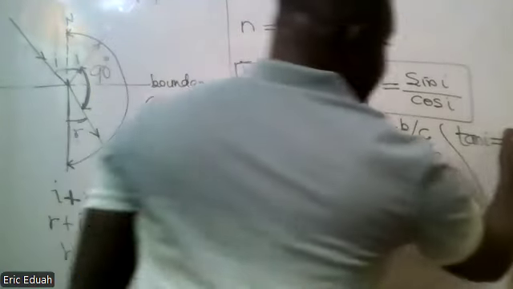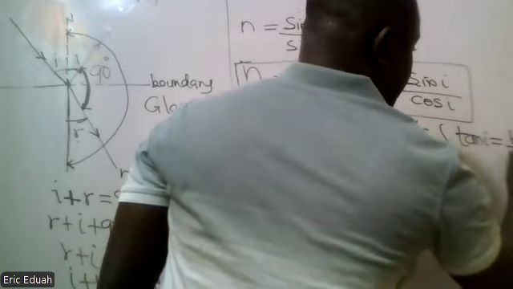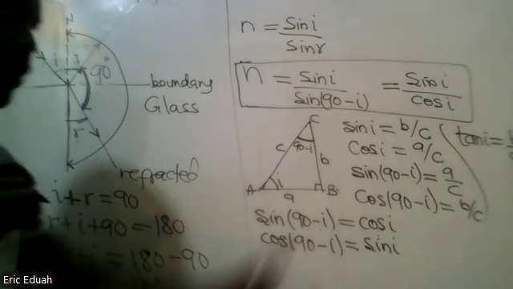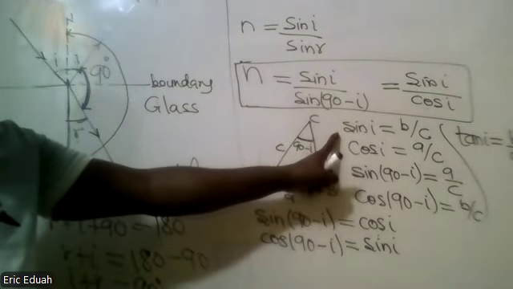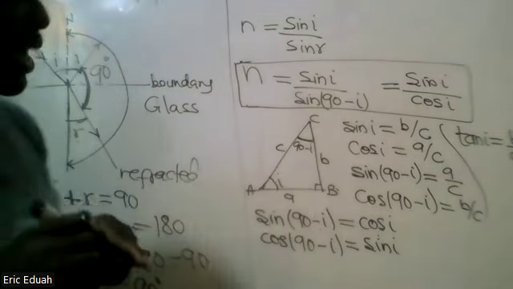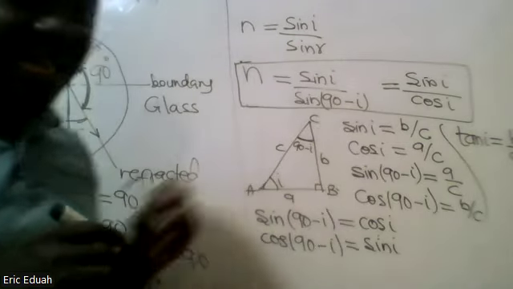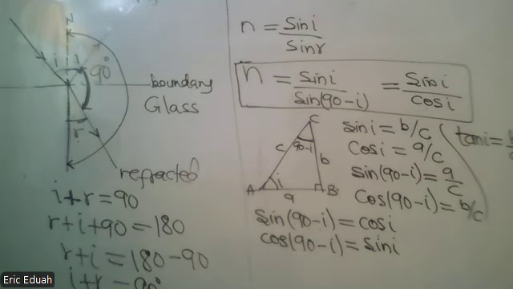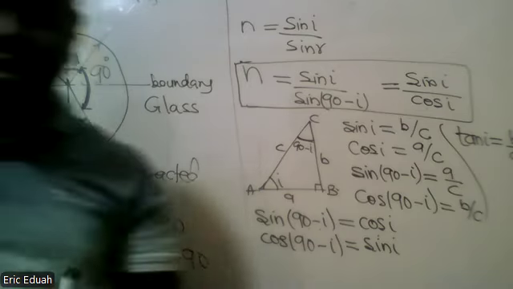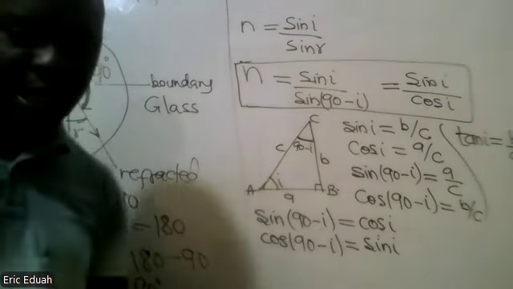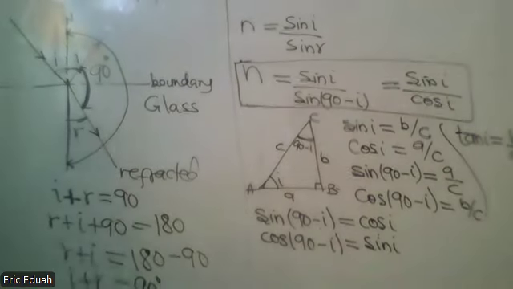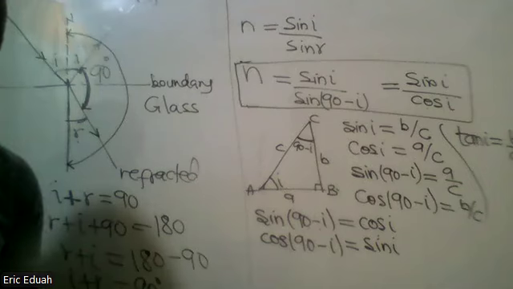B over A. Now let's take a ratio of whatever we have for sine I and whatever we have for cos I. Divide sine I by cos I, and then give me the results.